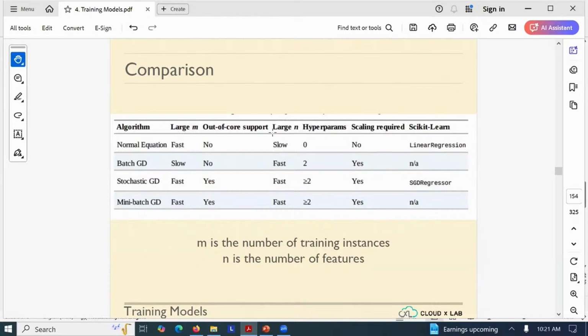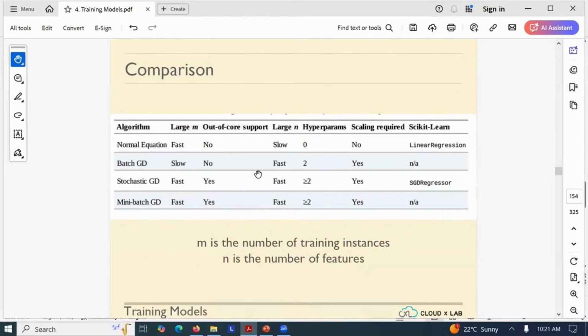So if the number of features is large and the number of data points is large, then we will not use batch. Either we can use SGD or we will use mini batch GD, right? But let's say the n value is large, but the m value is small, then we can also use batch GD, right?